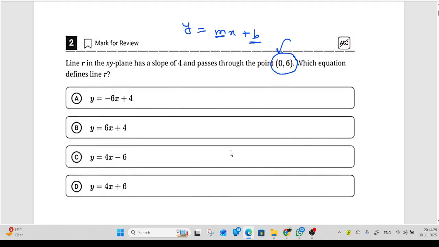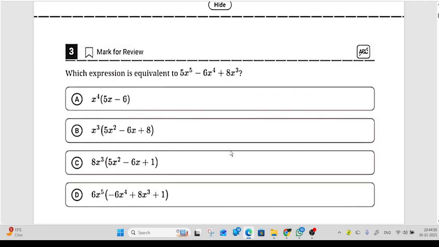Because the x value is 0, right? And if, let's say, we were given a point whose y coordinate is 0, then this would be the x-intercept, right? So basically we can just plug in these values, and slope is given as 4. So y equals m is slope, so 4x plus b is 6. 4x plus 6, so this option is correct. Let's see the next question.